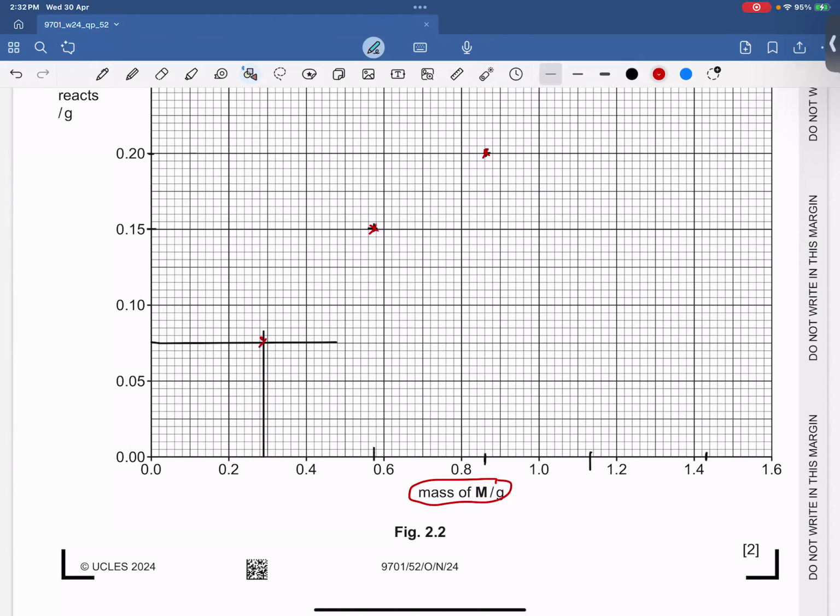So this is the point. I hope हमने सही बनाया हो. मैंने ठीक किया हो.